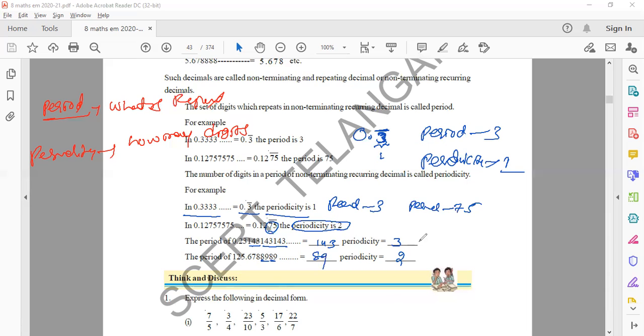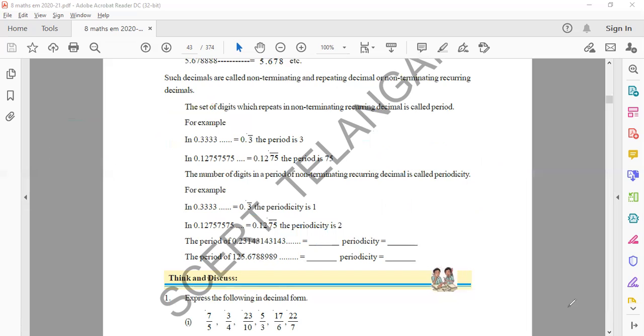Like that we have to write the answers. So these are recurring and non-terminating values. It's clear.